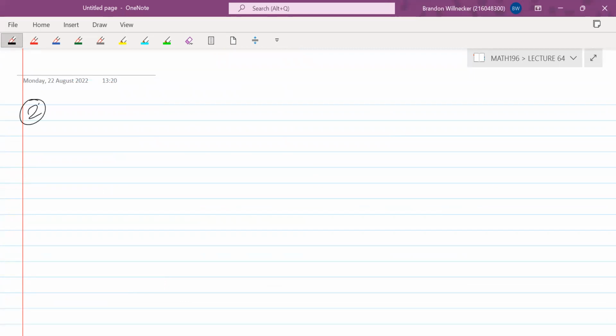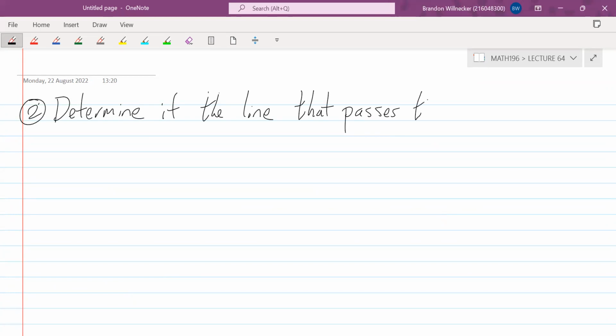Problem number 2. Determine if the line that passes through, okay, we've got a point (0, -3, 8).